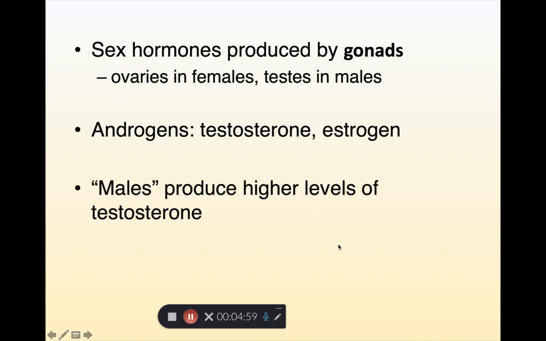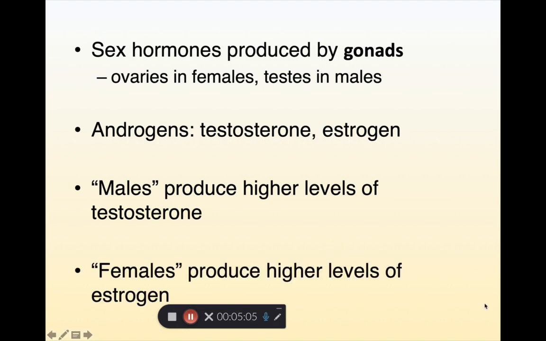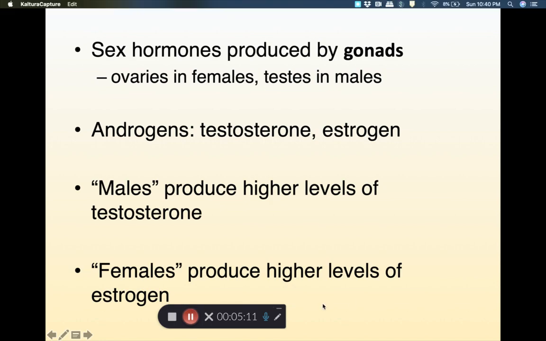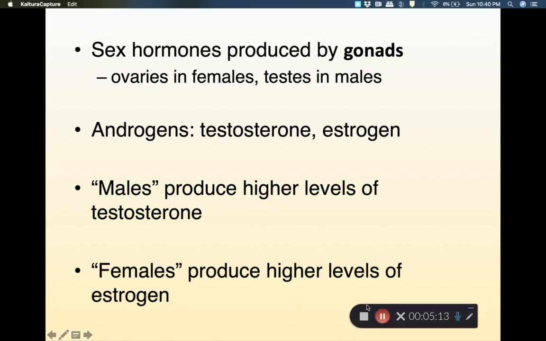In this context, we see that males produce higher levels of testosterone and females produce higher levels of estrogen. So a way that I'll be referring to these for now is female reproductive systems coming from ovaries and male reproductive systems coming from testes.